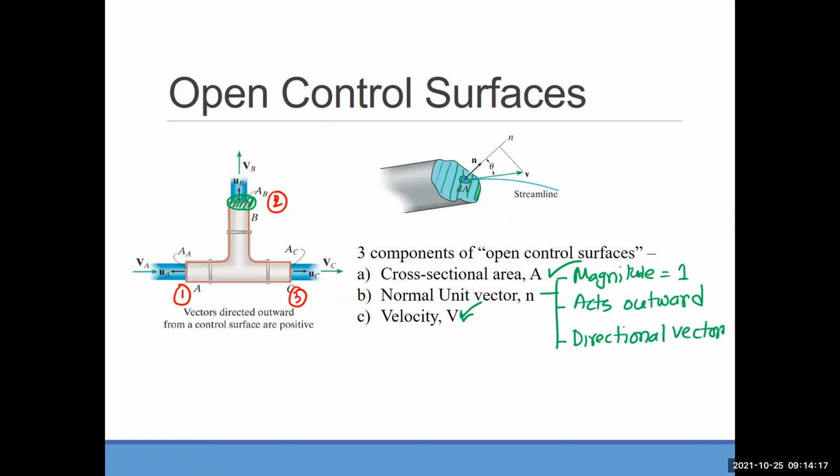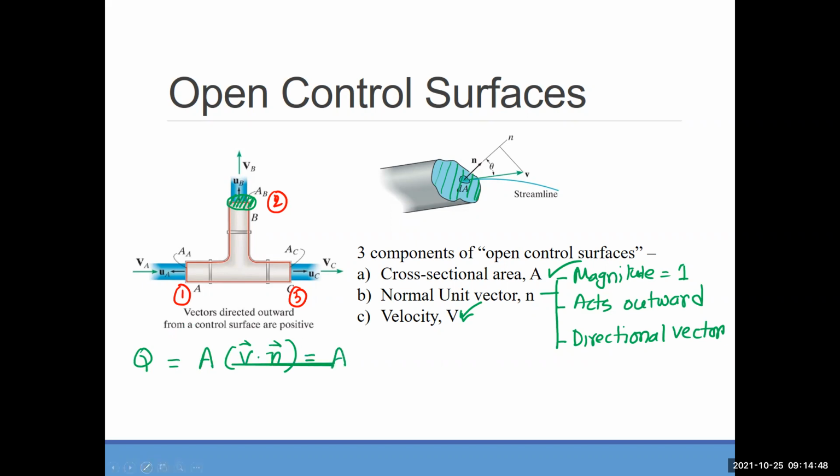So these are a few properties of that unit vector. It will always be 1, it will act outward, and it will give you some sort of direction of the velocity. So now I will write down the equation a little bit differently here. Instead of V, I will just add the direction also. Okay.